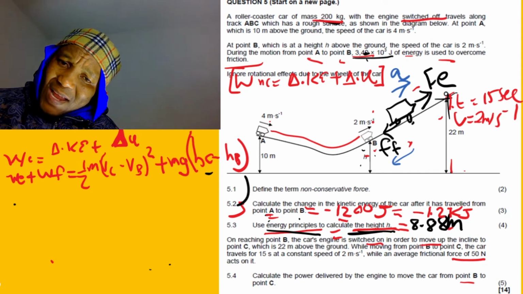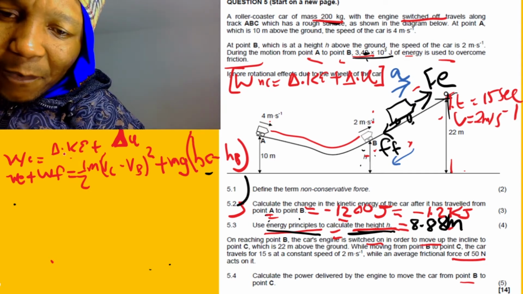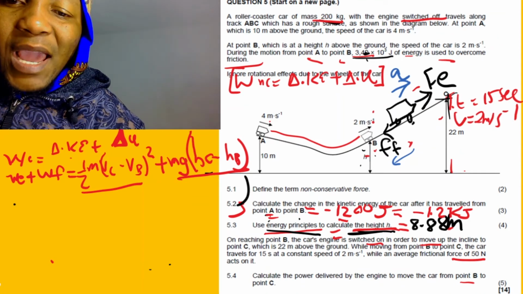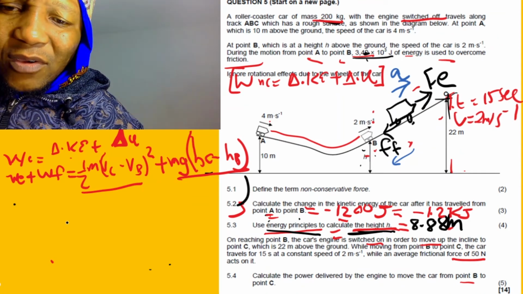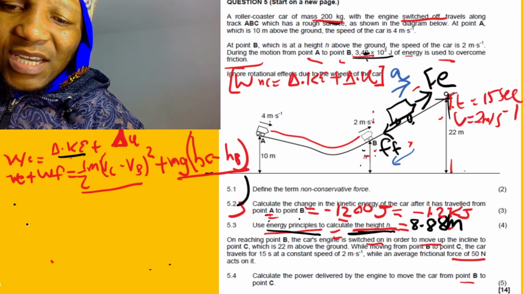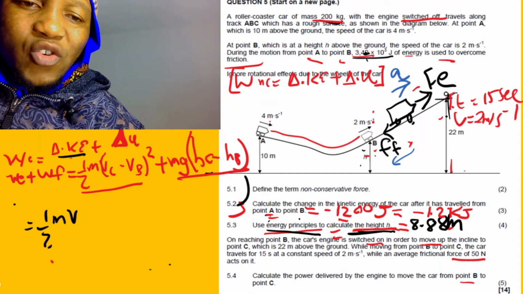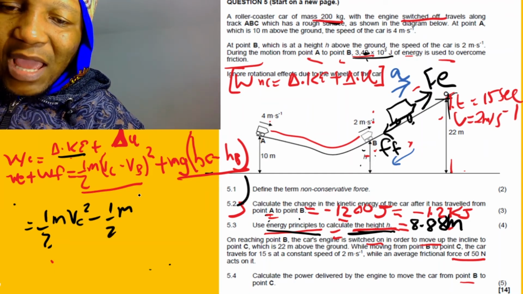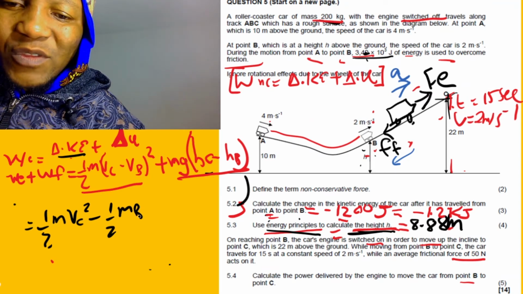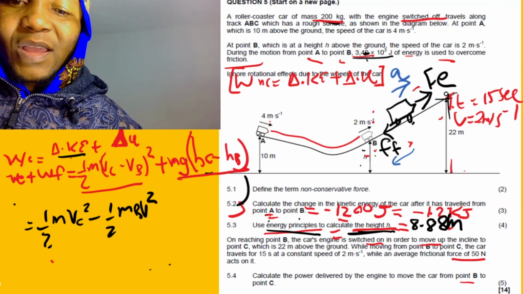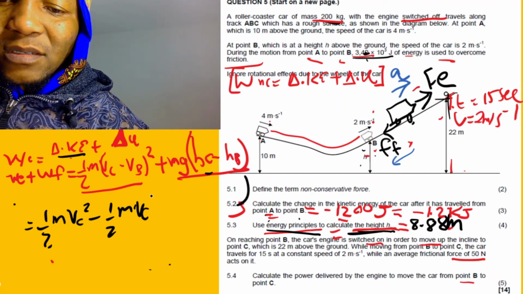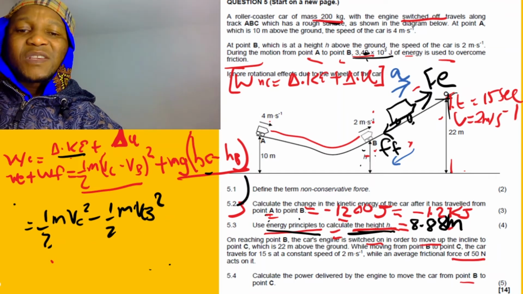Should I explain again? Look at the kinetic energy, and how this comes about. Change in kinetic energy means I have mass, velocity final at C, minus mass at B, where it started, velocity squared. The mass is the same. Change means final minus initial.